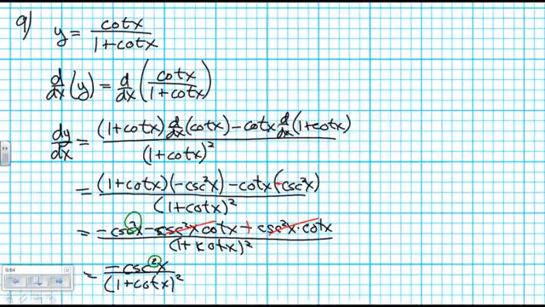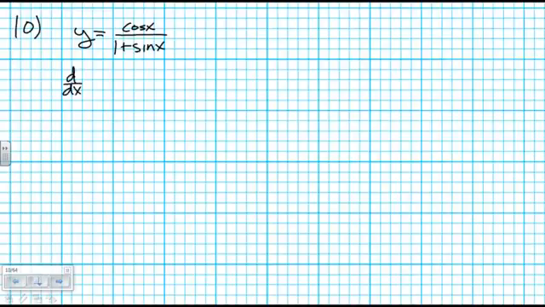All right, let's take a look at problem number 10. Okay, in problem number 10, y is given as cosine of x over 1 plus sine of x. Let's take the derivative with respect to x on both sides.